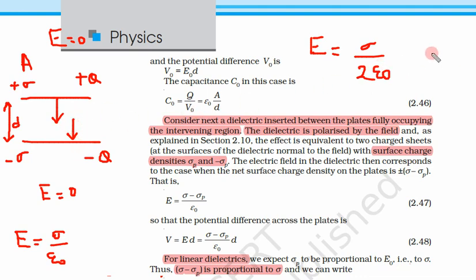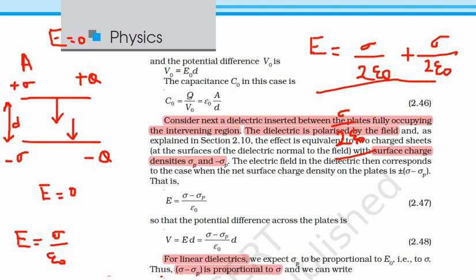So this one is minus sigma upon 2 epsilon naught, but it is also coming. So both the fluxes are in the same direction and coming. So this will add up. Hence the field is simply sigma upon 2 epsilon naught. Both the arrows are in the same direction and nothing is leaving the capacitor. All the electric field is inside the capacitor.